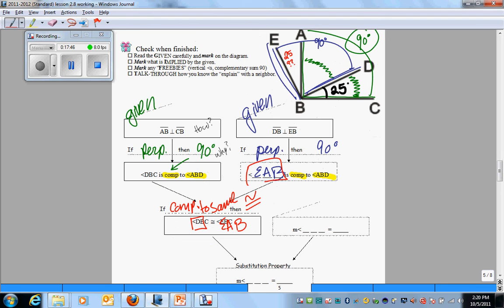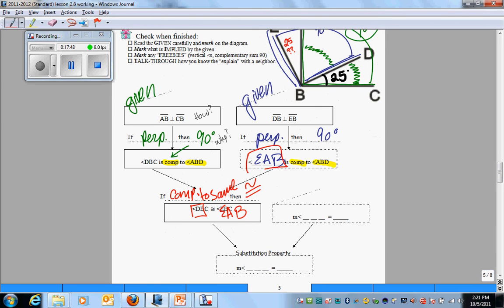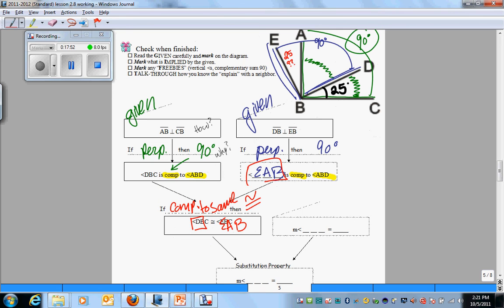Okay, yes. I was saying that EAB would be that. EBA. Okay, is it? Oh, you are correct. EBA. I don't want to hit the erase button because then it messes everything up. Okay, this is EBA. Okay, so now we have angle here. What's given is DBC. Okay, it's okay. Because it's given.